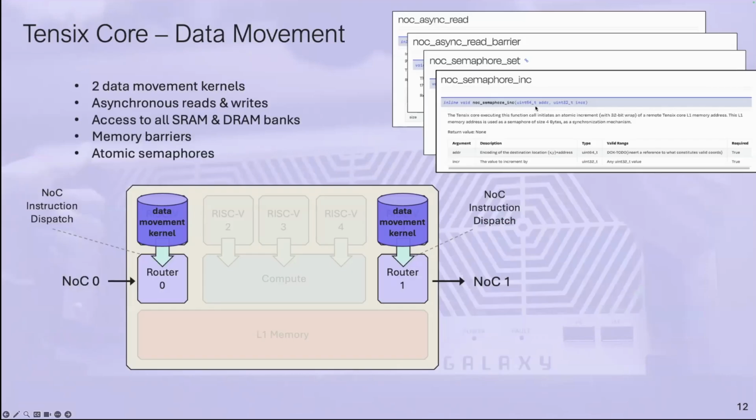How we write these kernels, we have what we call lower level kernels. I could include a header with a bunch of APIs that handle reading and writing to the NOC, and also synchronization between different cores.